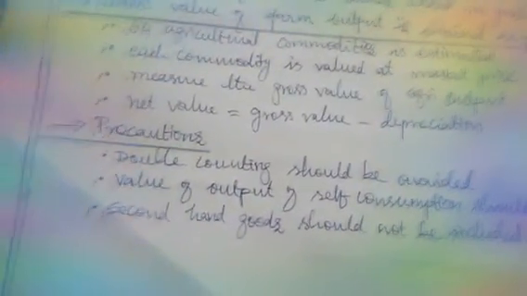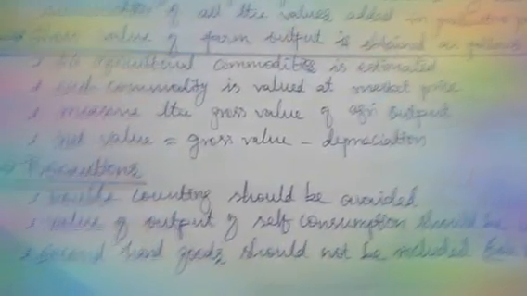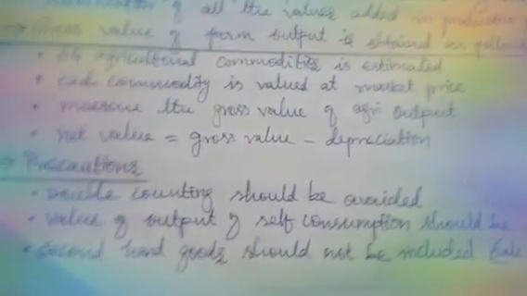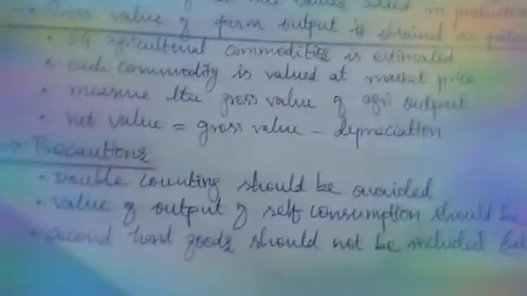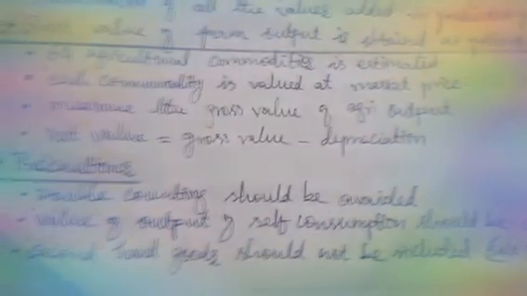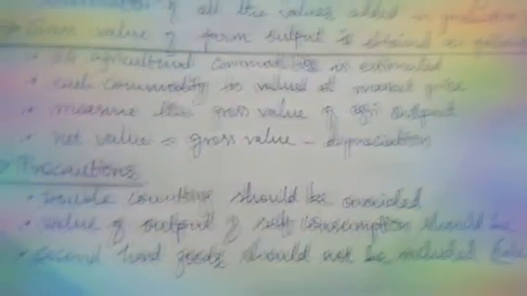Similarly, the gross value of animal husbandry, forestry, fishery, mining and factory establishments is also obtained by multiplying their estimates of total production, output, by the market price. Then we get the gross value.